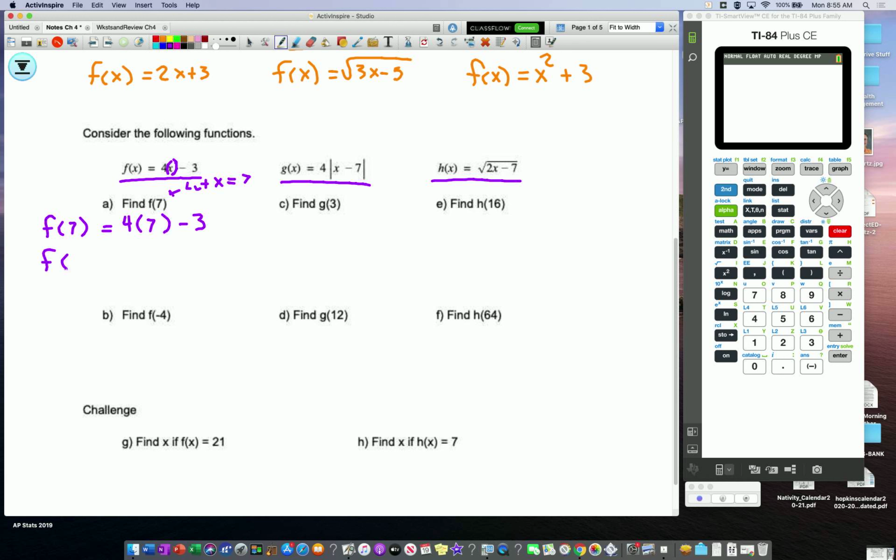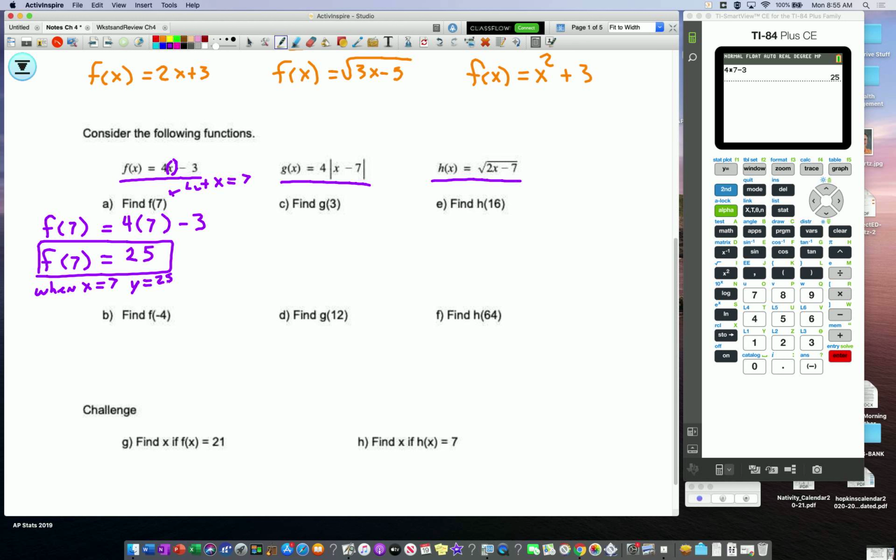I can use my calculator and just go 4 times 7 minus 3, and I get 25. There's your answer, but this is why we like the notation: it means when x equals 7, y equals 25.